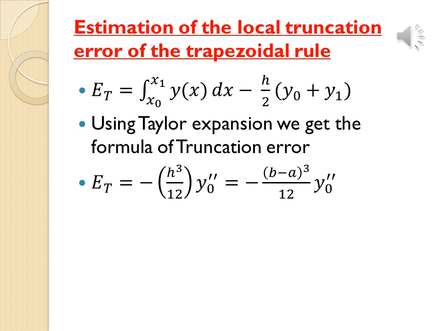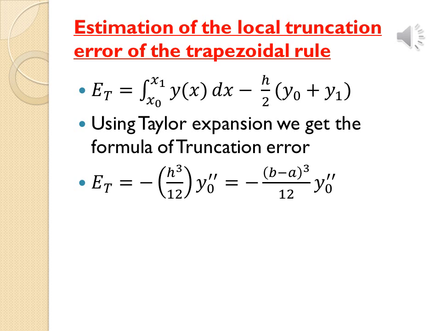So we have difference between numerical integration and exact integration. How to calculate this difference? We say that is error. So we are now in trapezoidal rule. So we estimate the truncation error for the trapezoidal rule.